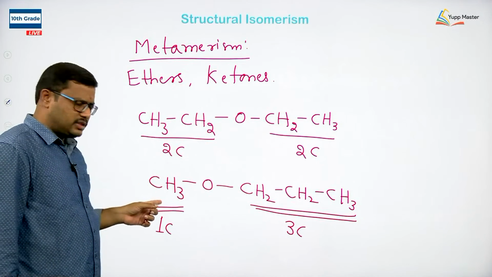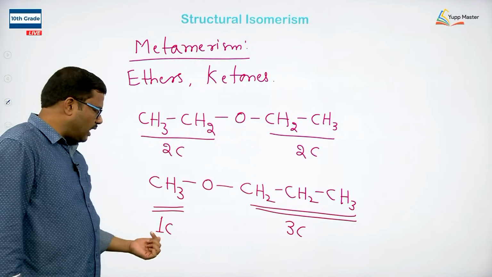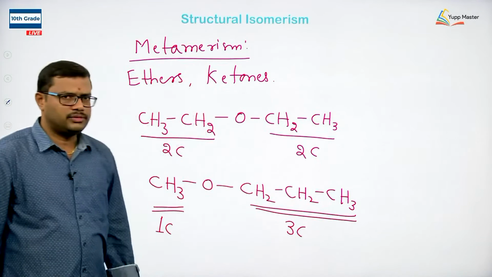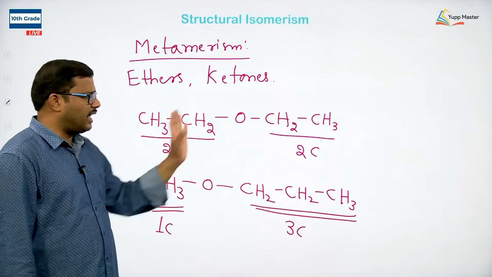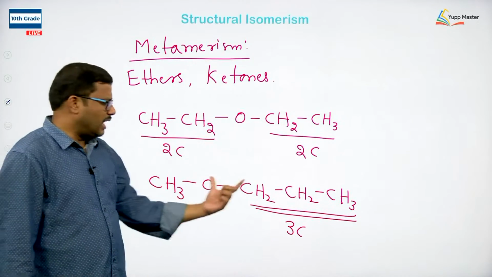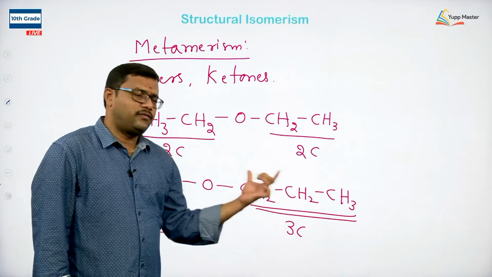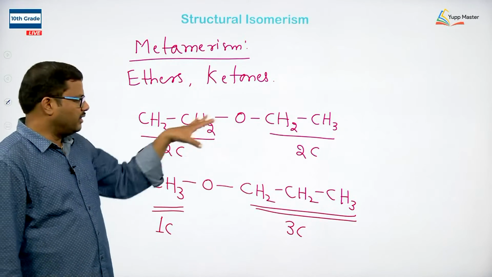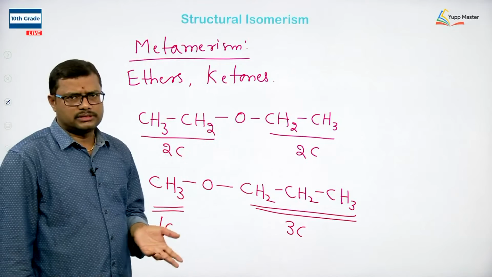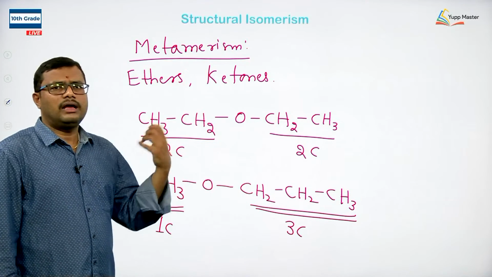In the next example, on one side we have 1 carbon atom and on the other side 3 carbon atoms. So the carbon atoms are different on either side of the functional group. Only the alkyl chain length is different on either side of the functional group, and these two can be taken as metamers, and the phenomenon is known as metamerism.